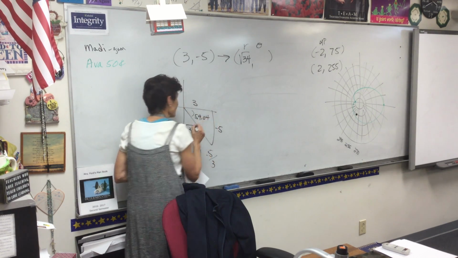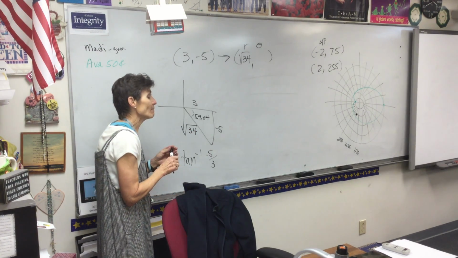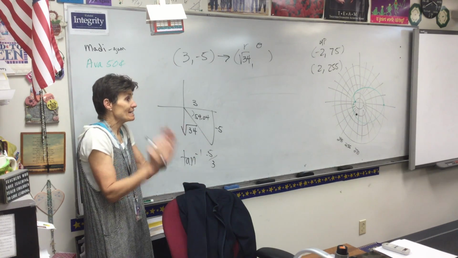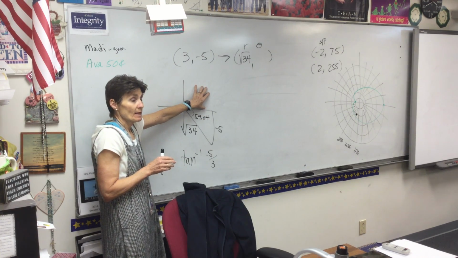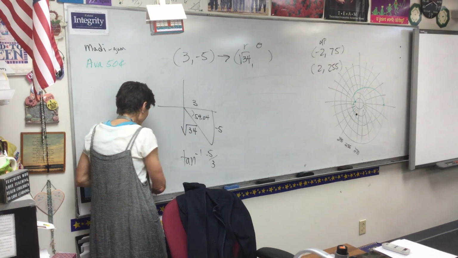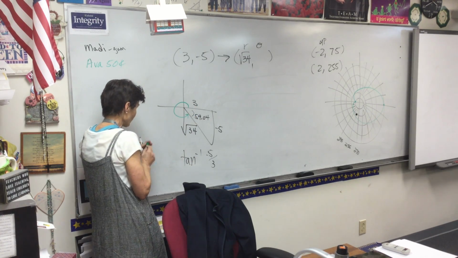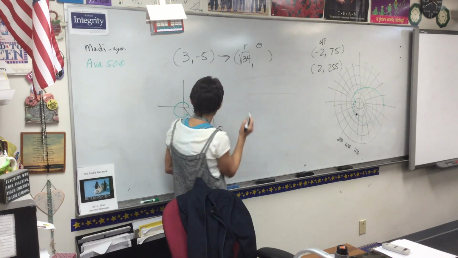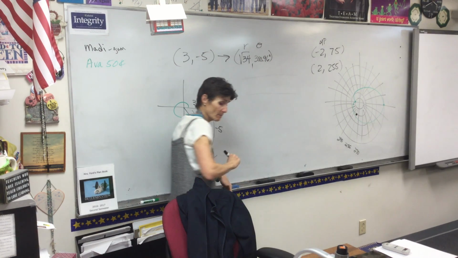But this is where I always have to be really, really careful because I never ever use whatever comes up on my calculator unless I'm in quadrant 1. If I'm not in quadrant 1, then I'm going to have to do something. And Ferris said subtract from 360, is he right? Yes. So that's going to be 300.96 degrees. Everybody good?